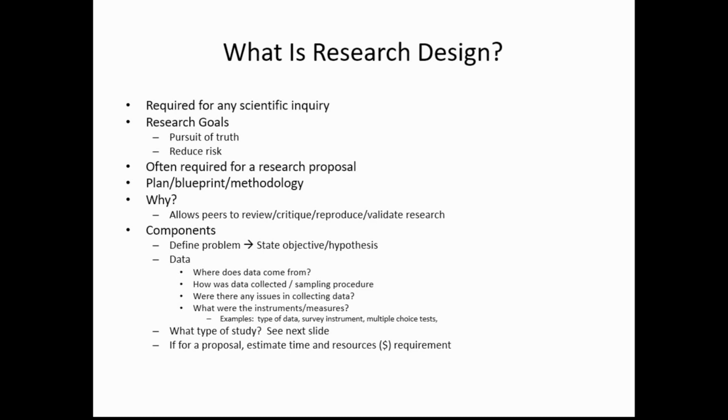Or was this primary data that you collected either through a time study or a survey instrument? That is information that you need to know. You need to be able to reproduce your survey for someone to see what questions you asked. We'll talk about types of studies. And you also probably need a budget estimate. If you're doing this, you're going to have to estimate how much it's going to cost and how long it's going to take.